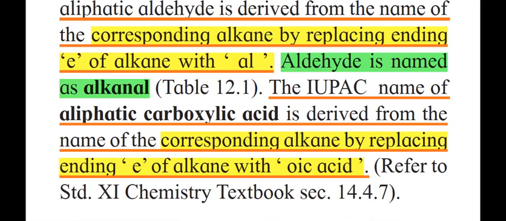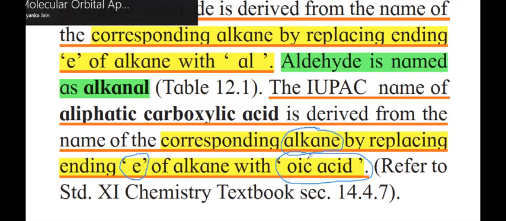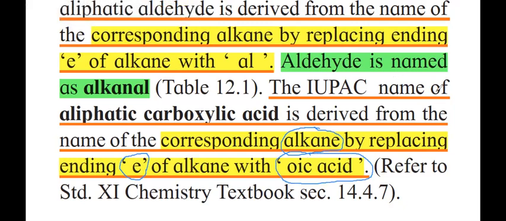These are also named as the corresponding alkanes, and in that alkane the ending E is replaced by oic acid. For carboxylic acid, instead of E we use oic acid.